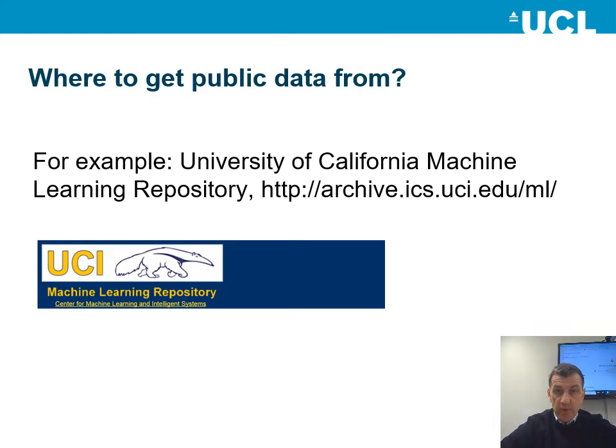We've picked one that we use a lot in our training courses and we think is particularly useful, which is hosted at the University of California, and it's known as the University of California Machine Learning Repository. So one thing that would be really useful for you to do early on is to go to the URL there and have a look at the different data sets that are available and pick some of those to use in the exercises that we'll be suggesting for you in this session and in later sessions.